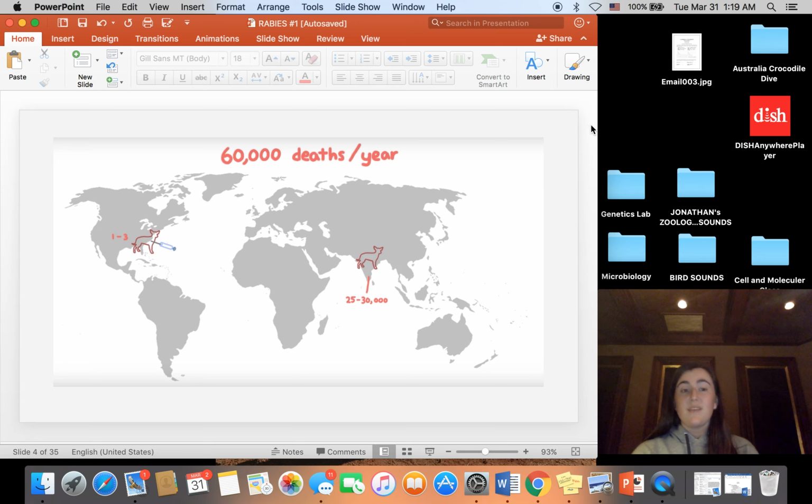And so that's why we have such low rates of deaths. While in India, since it's so expensive to get the preventions, they just don't do it. And so you have a lot of rabid animals over there, a lot of animals that are biting people and causing death.